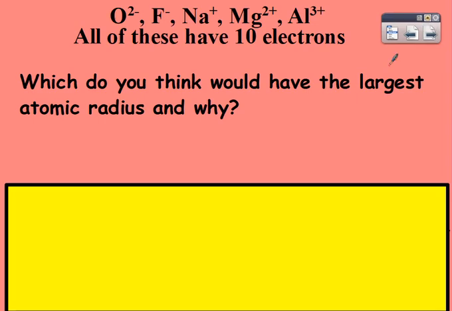So list out the protons and electrons for each of these ions and think about it and decide who you think would be the largest and why. Restart when you think you know which one is the largest and have written your protons and electrons for each of them.